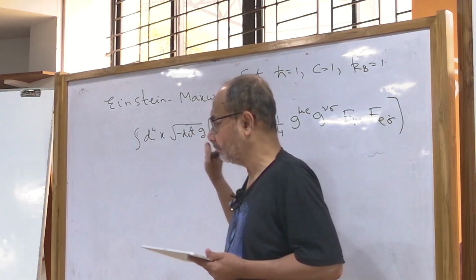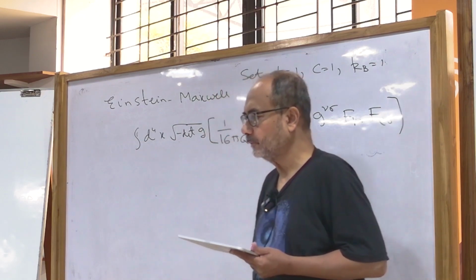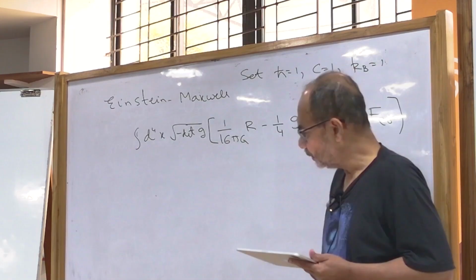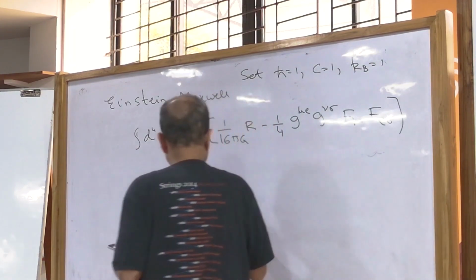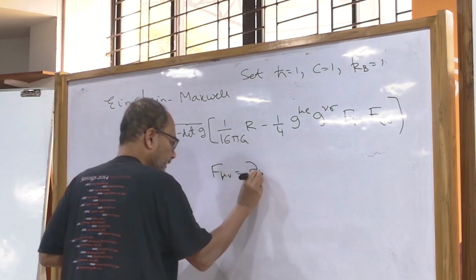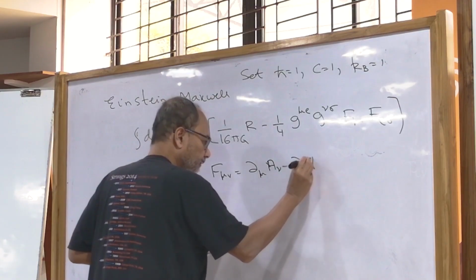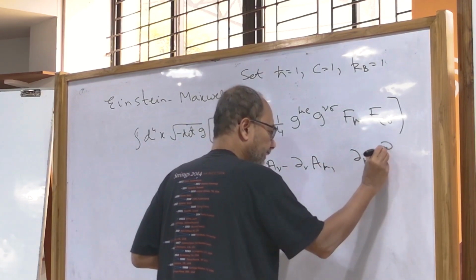You can also do it in other dimensions, but we will be sticking to 4, just for concrete analysis. So, 4-dimensional Einstein-Maxwell theory. F mu nu is, as usual, the field strength, where this is just the derivative with respect to x mu.